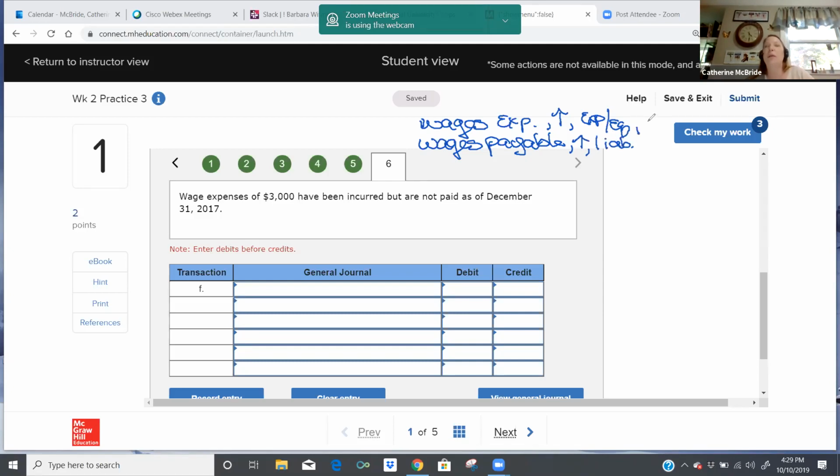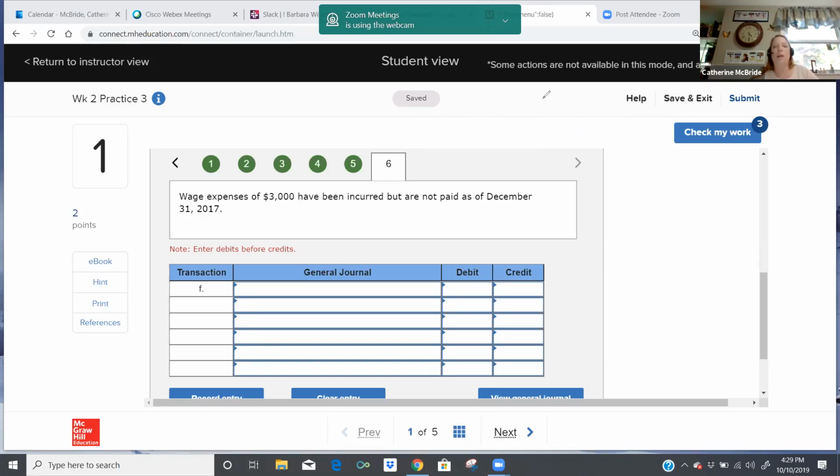If I increase an expense, do I debit it or credit it? If I increase an expense, I debit it. If I increase a liability, do I debit it or credit it? If I increase a liability, I'm going to credit it. So I'm going to debit wages expense and credit wages payable.